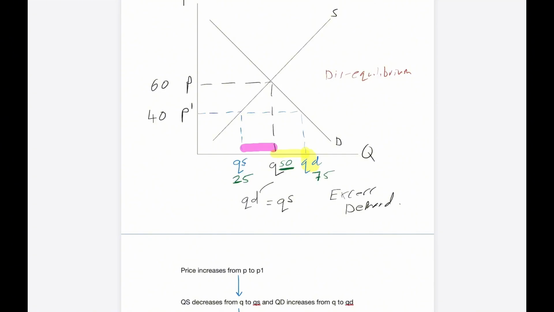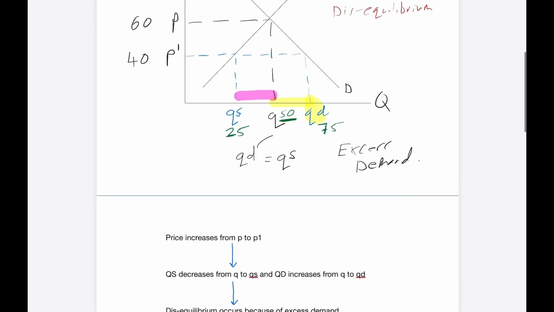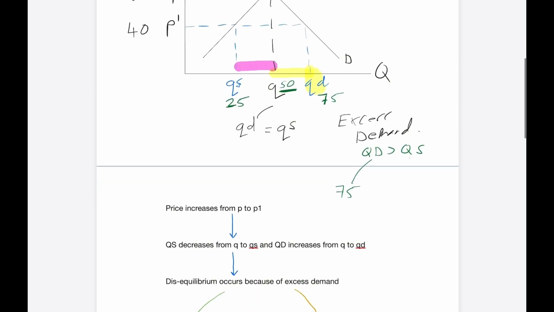Okay, so we can see now that there is excess demand because the quantity demanded is greater than the quantity supplied. The quantity demanded is 75 units of the product, and the quantity supplied is 25 units. So that will leave us with a difference of 50 units. Therefore, the excess demand is 50.